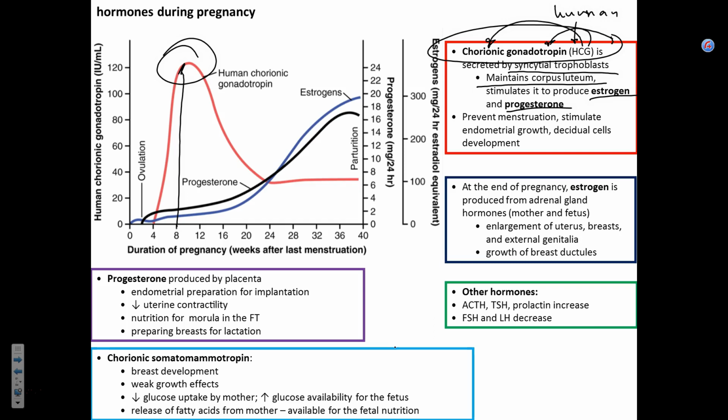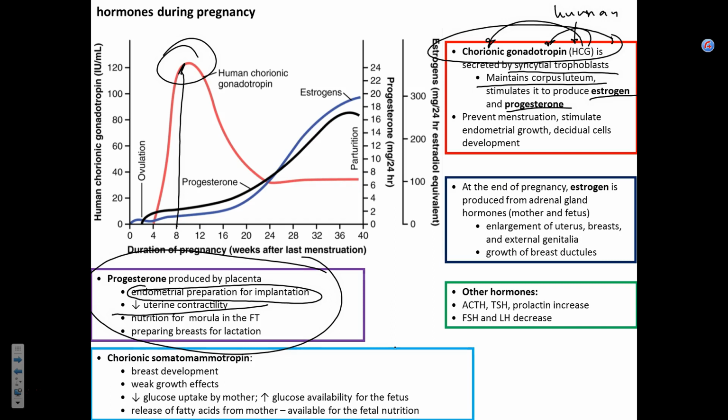Now, that's one hormone that you need to know. Another hormone, progesterone. I'm going to go in a certain order. Progesterone is critical for preparing the endometrium for implantation and to prevent uterine contractility in the beginning. If the uterus contracts, the blastocyst is gone. It's going to be expelled.